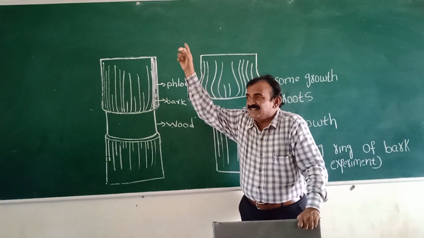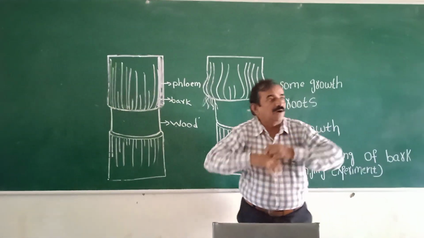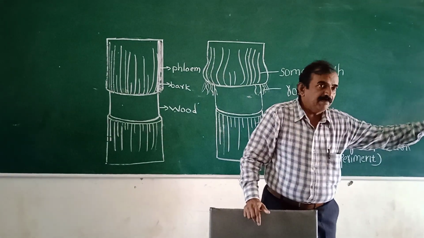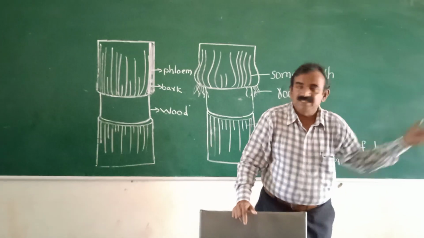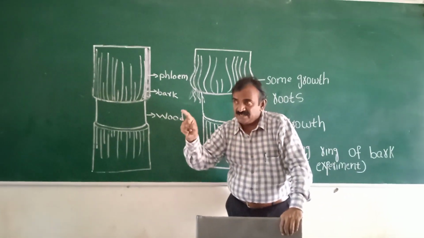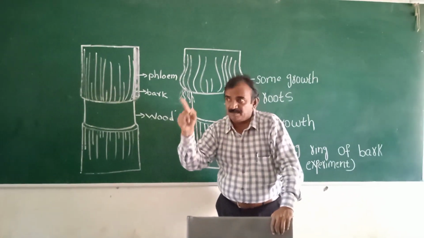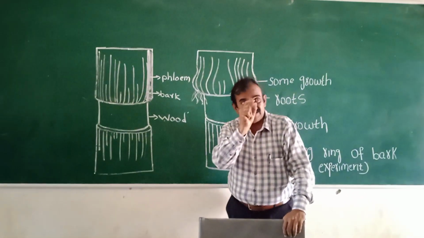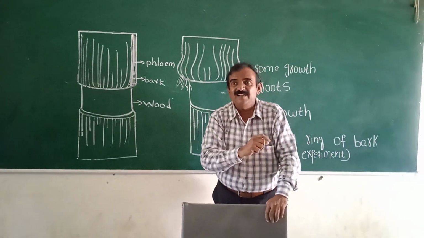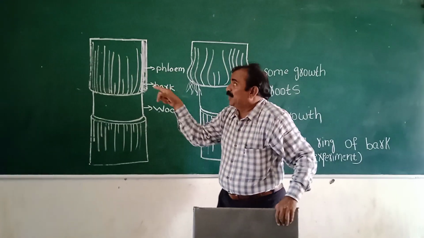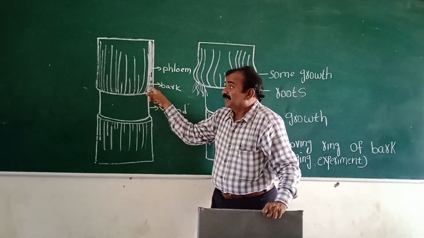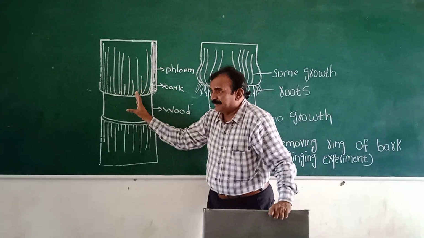That glucose present in the leaves should be transported to all parts of the plant, from leaves to branches, branches to stem, to the roots. So food should be supplied to all parts of the plant. Food is transported by means of phloem vessels. Phloem vessels are present below the bark of the stem.